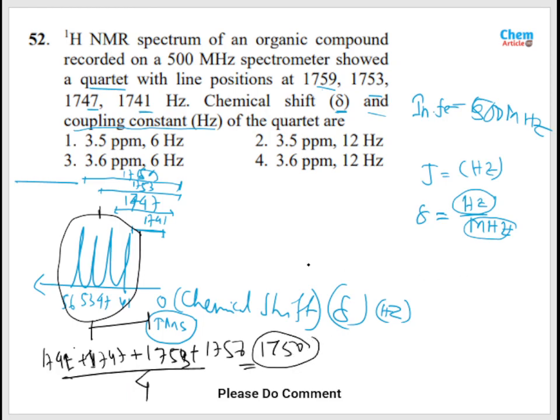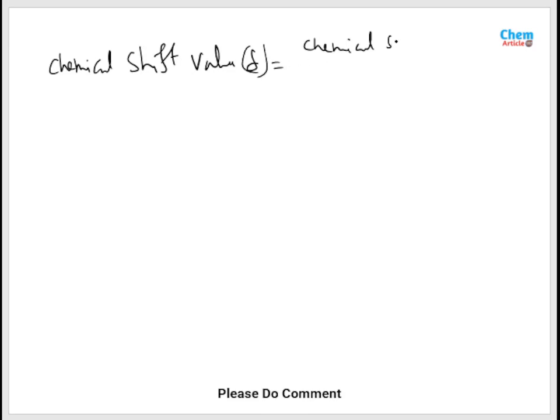So the chemical shift value delta equals the chemical shift in hertz divided by the instrument frequency in megahertz.